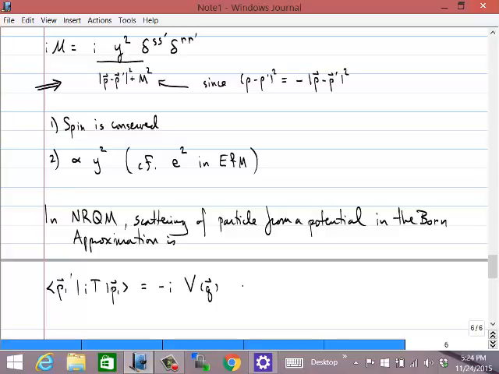And then there's a momentum conserving or an energy conserving delta function. Where here, what is this? This is the Fourier transform of the potential.